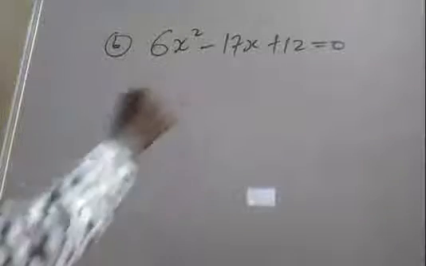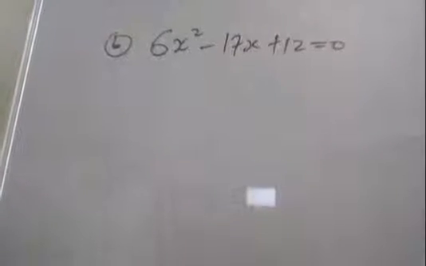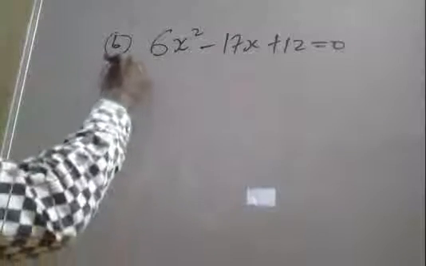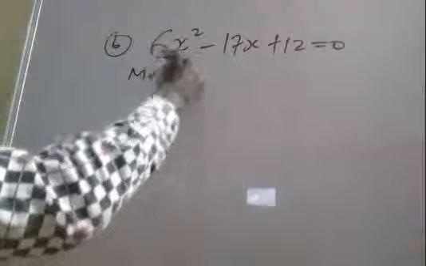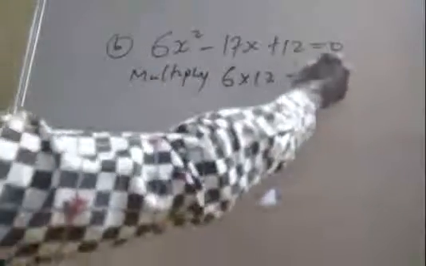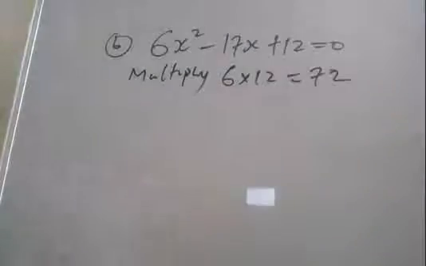Now we have 6s squared minus 17s plus 12 is equals to 0. So first of all, we multiply 6 times 12. That will give us 72.